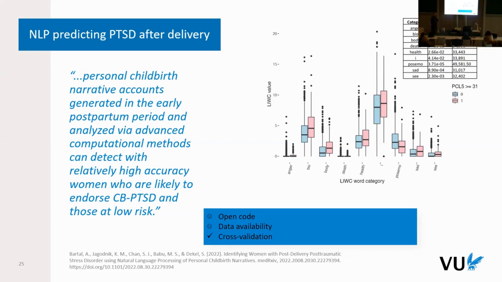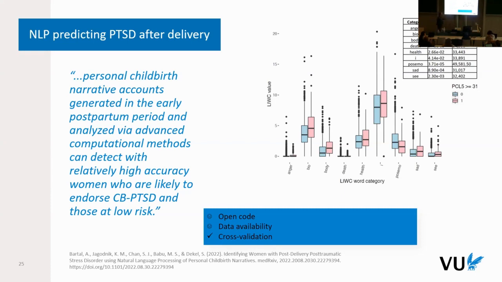Another example used narratives. So women wrote down a narrative about the experience of giving birth, with the idea that perhaps words that people use in such a narrative may be predictive of later PTSD, and they also trained a model based on natural language processing to try to predict as correctly as possible which women were most likely to be later diagnosed with PTSD.